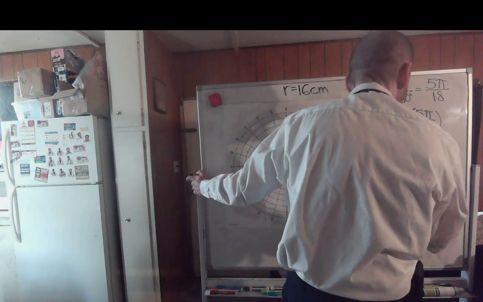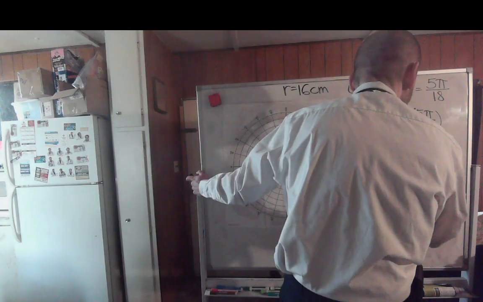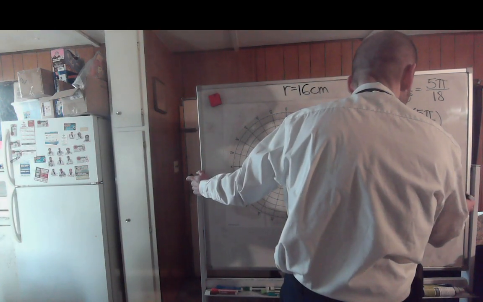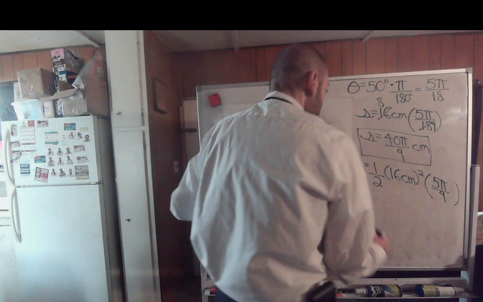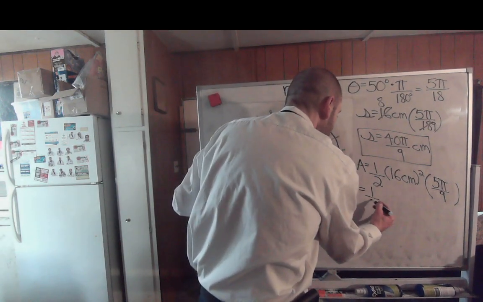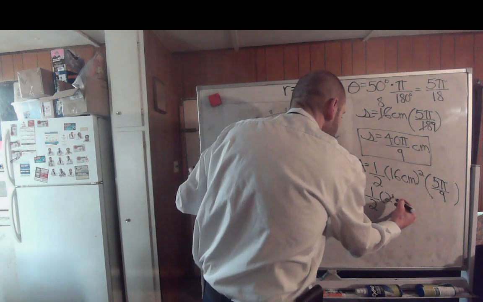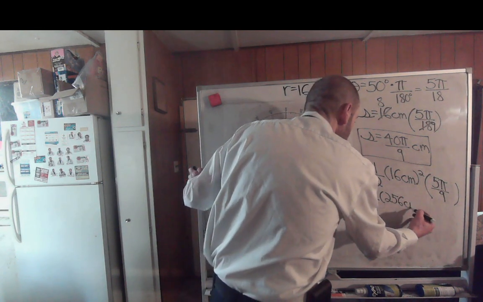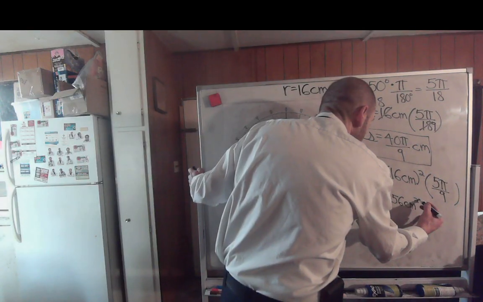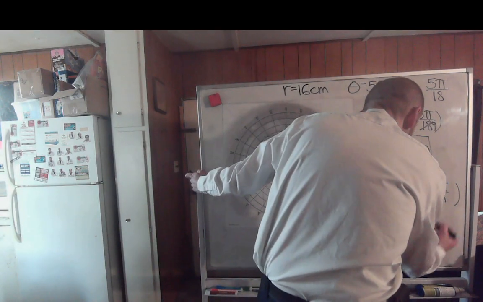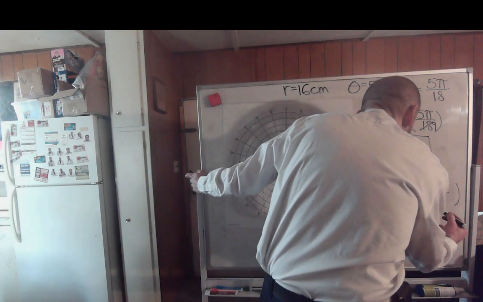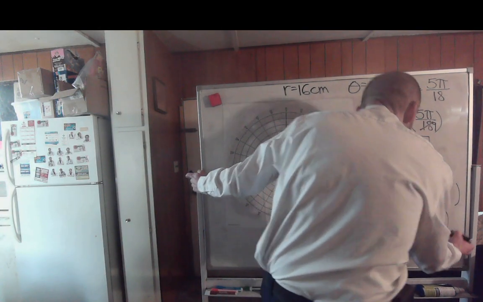I just plugged in my arc length for some reason. That'd be 5 pi over 9. Alright, much better. So this would be 1/2 of 256 square centimeters times 5 pi over 9.